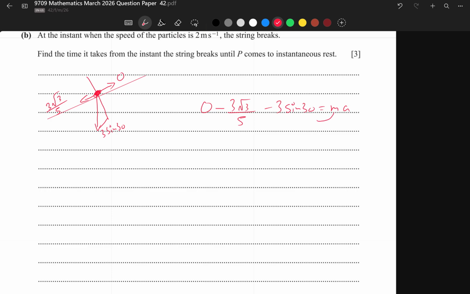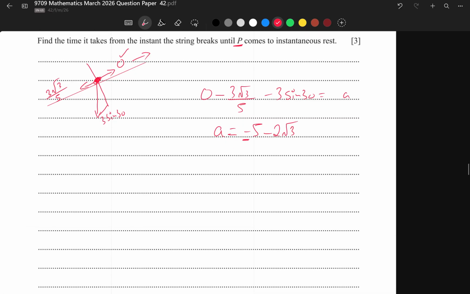Just divide this equation by M. M is equal to 0.3 as this is particle P. So acceleration will be equal to minus 5 minus 2 root 3. This is a negative sign because after the string breaks, there is no force pulling P up, so it will decelerate.